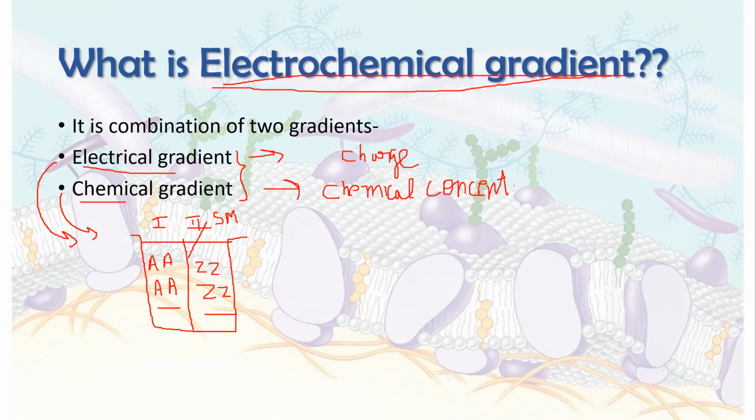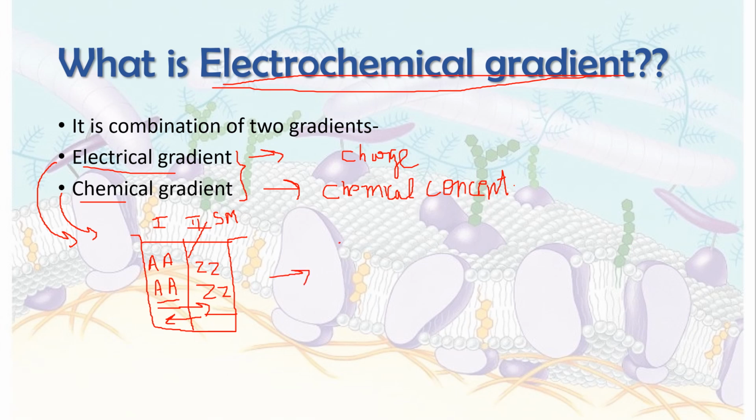As we know, molecules have a tendency to move from high concentration to low concentration. So A molecules tend to move to column second and the column second molecules, that is Z molecules, tend to move to column 1. So after some time we will see the concentration of both molecules A and Z evens out in both columns.